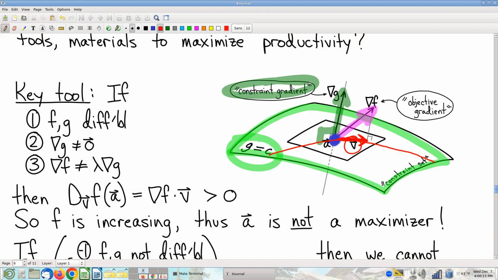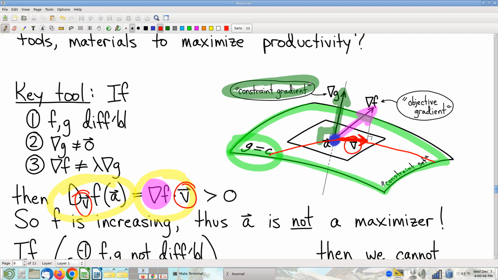Easy to demonstrate that the function is increasing because I can just take the directional derivative in the v direction, and don't forget we have a formula for directional derivatives. It's a dot product with the gradient, and you can just look at the picture. The gradient of f is that purple vector, and dotting it with v, which is that projection down there, this is an acute angle.